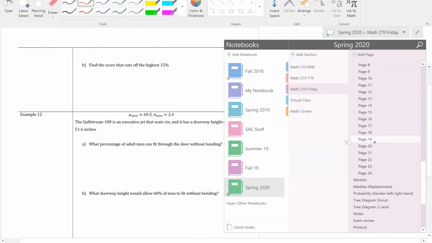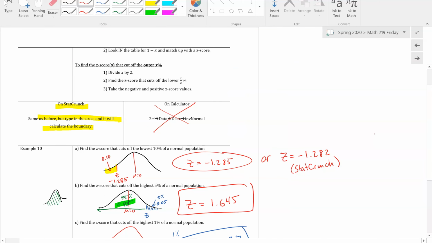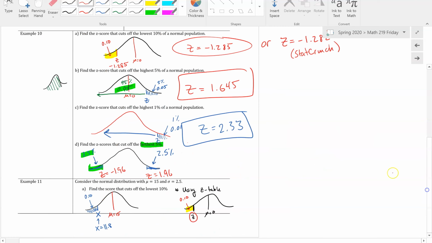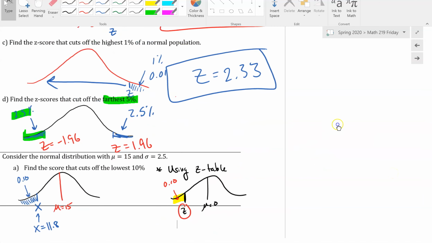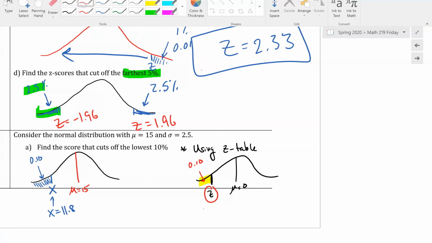So this Z score here is negative 1.285. That's the Z score that leaves 10% to the left. Now, if you remember how a Z score is found, it's your data value minus your mean over your standard deviation.